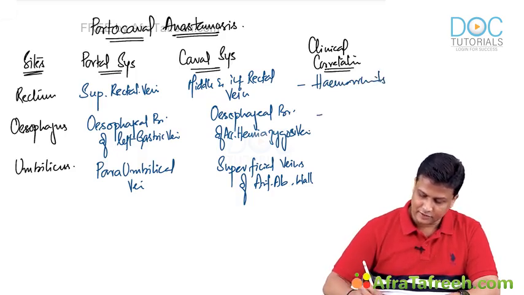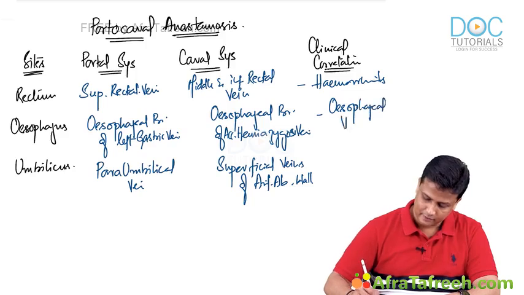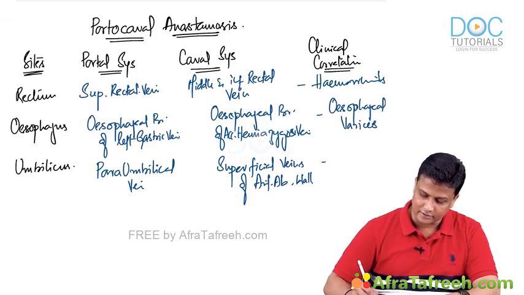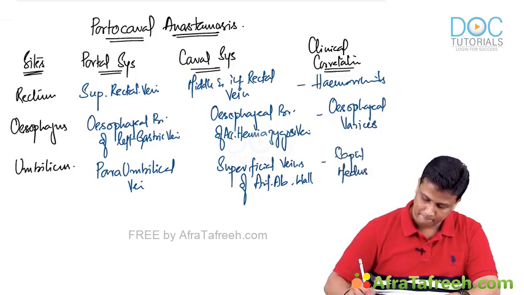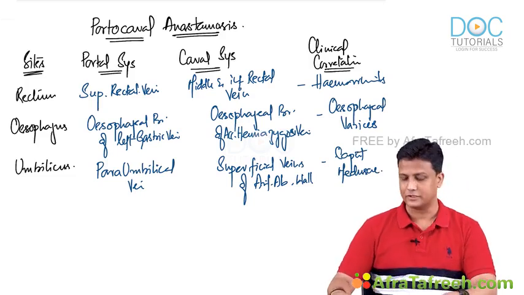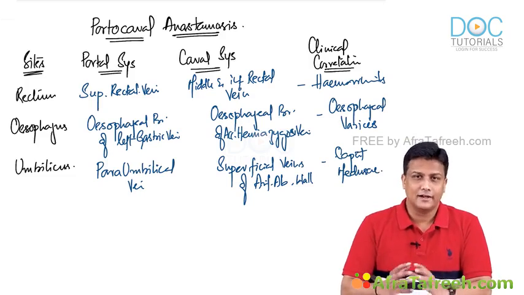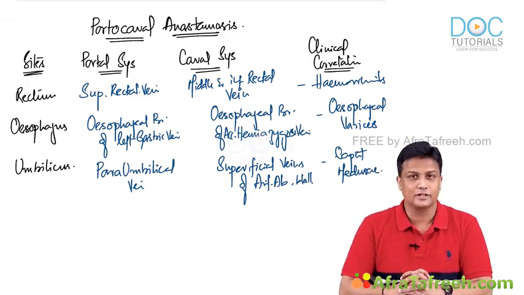Near the esophagus, it will lead to esophageal varices. And around the umbilicus, that condition is referred to as caput medusae. So I hope you are understanding the importance of this portocaval anastomosis and its clinical correlation.